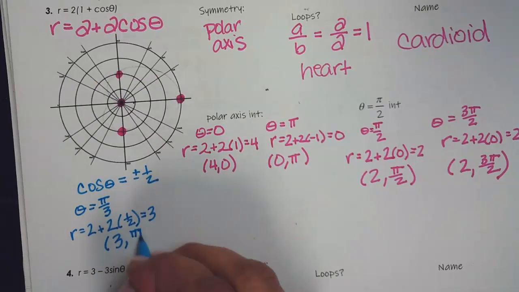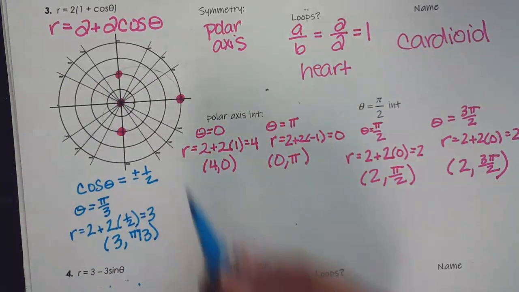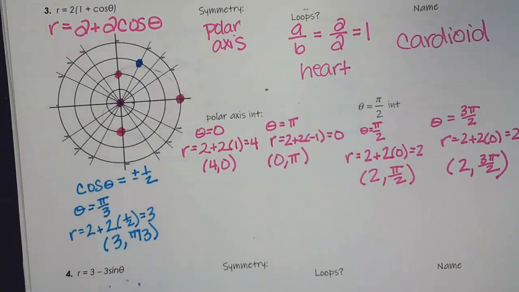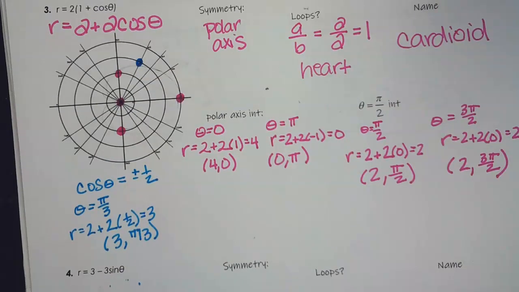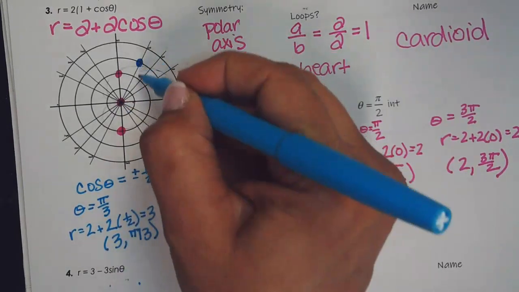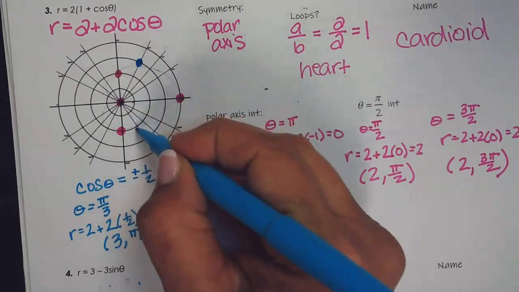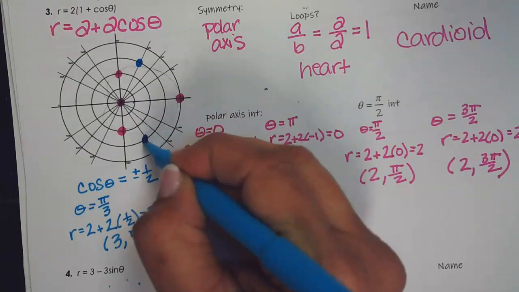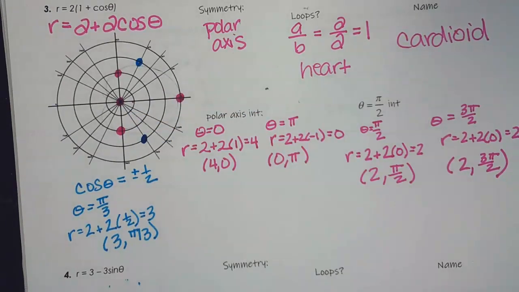So I get a point at 3, pi thirds. And then I can use that symmetry to go on the other side, so down here, 3, 5 pi thirds as well.